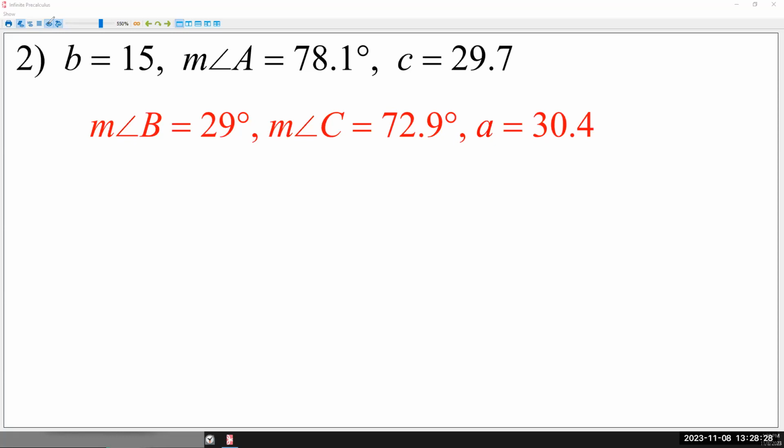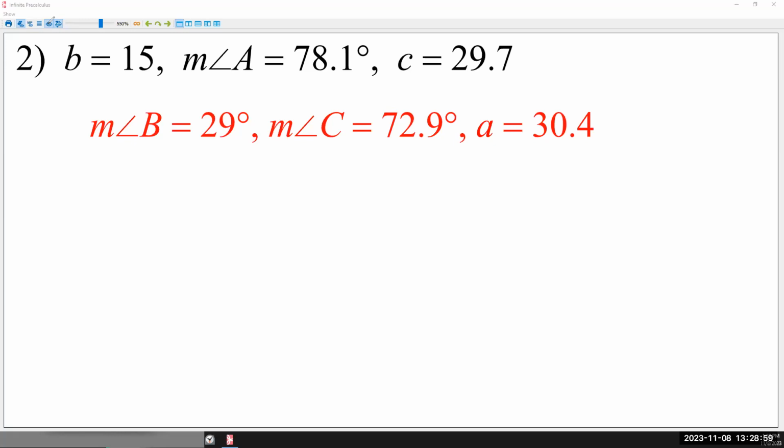So after you did law of cosines, you use law of sines. Did you use law of sines to find B or C? Use law of sines to find B? And you got 29? Okay. Is it already rounded? All right. So now this right here, this is important. This is an example of when you did need to go smallest to largest.